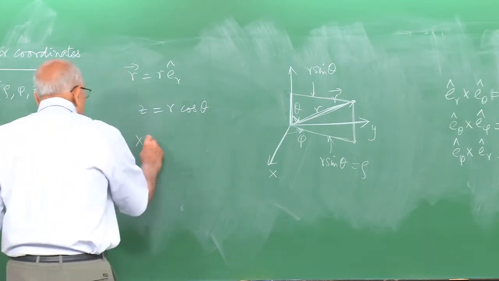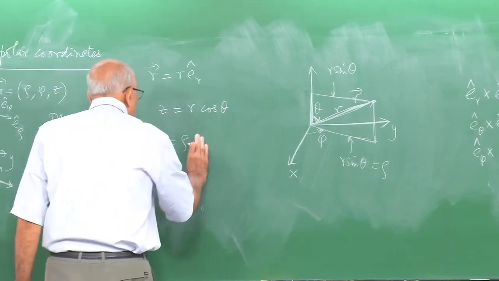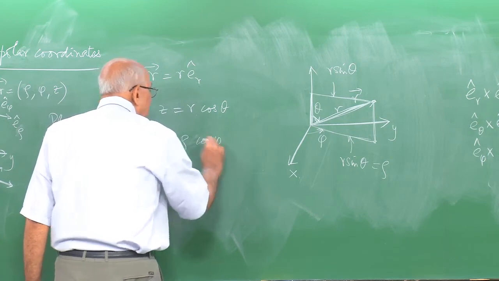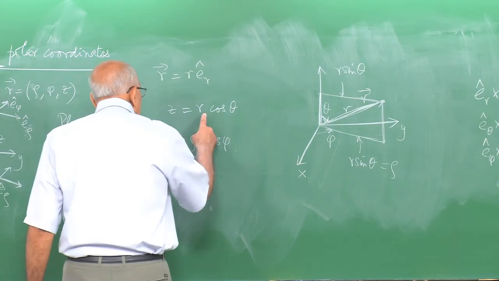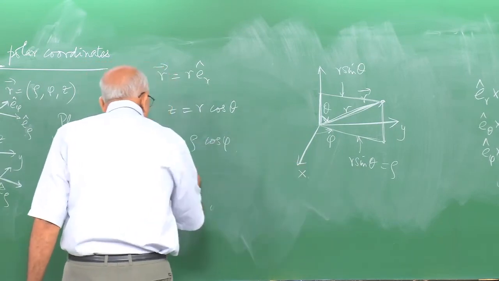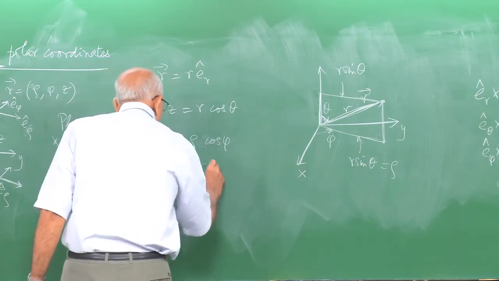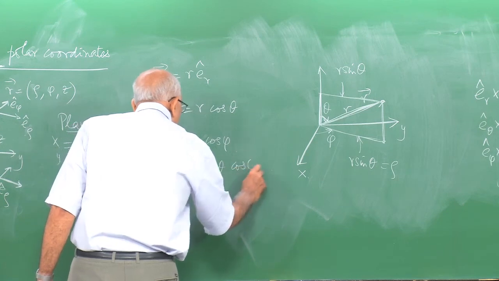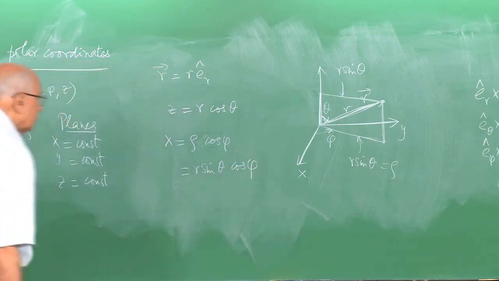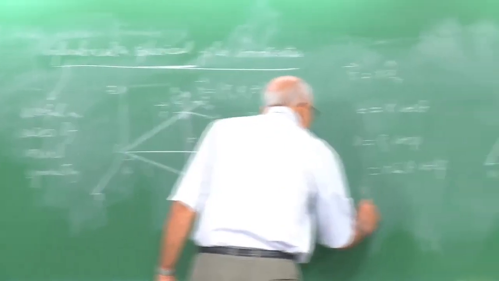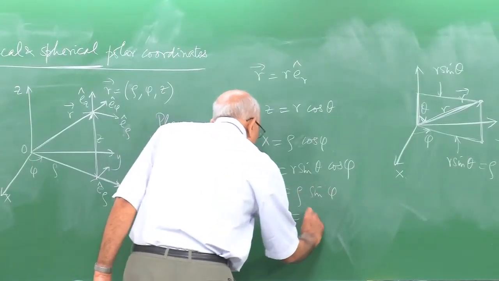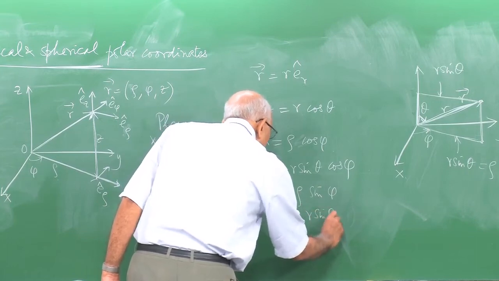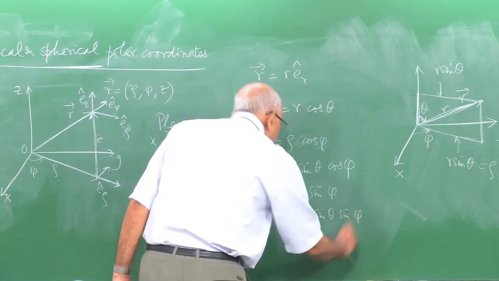So x was equal to rho cos phi. We already know that from plane polar coordinates. But rho cos phi is the same as r sine theta cos phi. And similarly, y was equal to rho sine phi, that's equal to r sine theta sine phi.